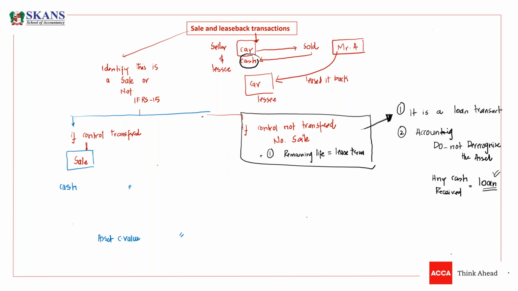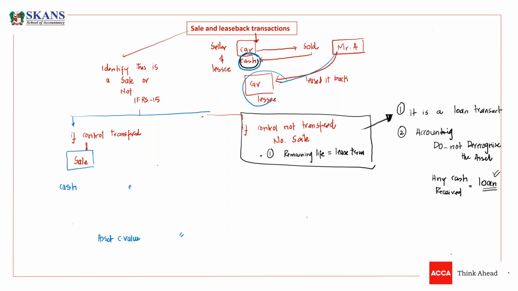What is the disposal entry? We need to credit the asset's carrying value, because we are de-recognizing the asset. We are recording the cash that we are receiving from selling this car: debit cash. We are selling this car, so we need to decrease the car's carrying value. This is the disposal entry.